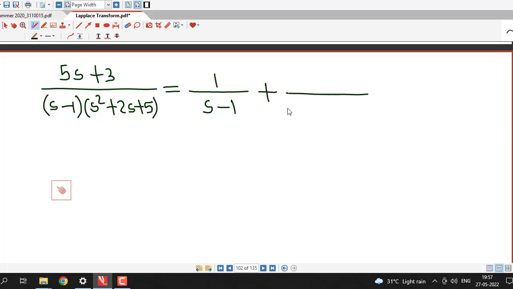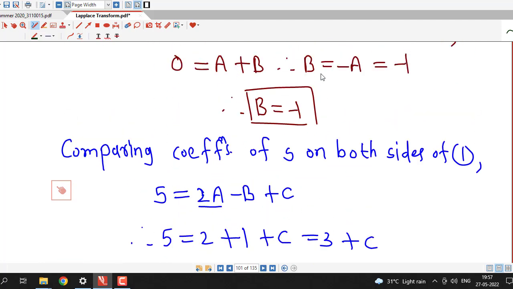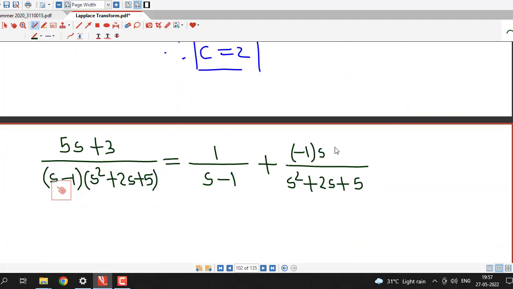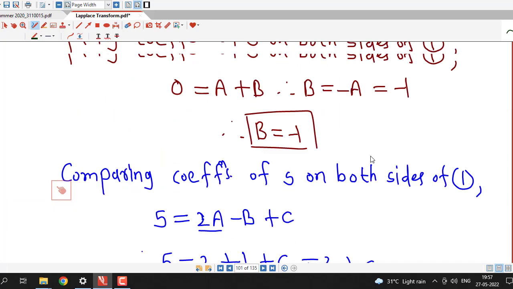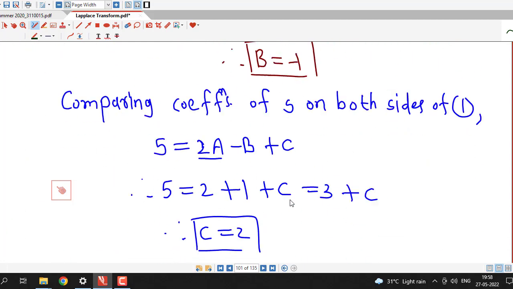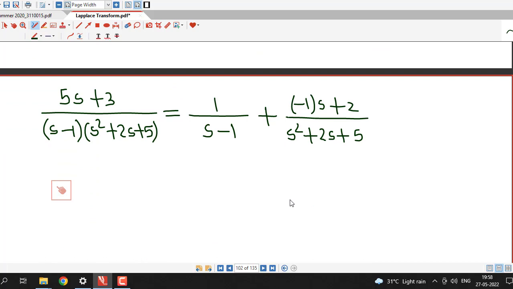Value of b is minus 1, and value of c is 2. So bs plus c becomes minus 1 into s plus 2, over s square plus 2s plus 5. Let me check again. We are putting here b equal to minus 1, c equal to 2, and value of a is 1, so that we have substituted in this.